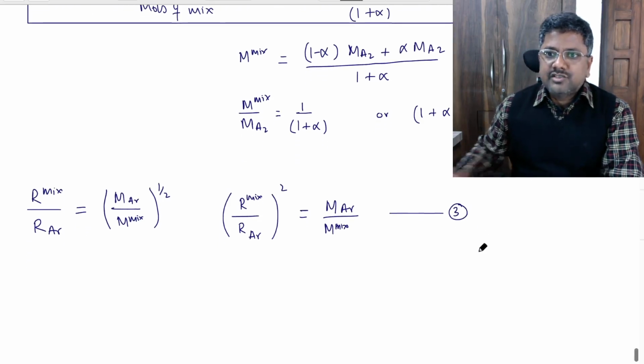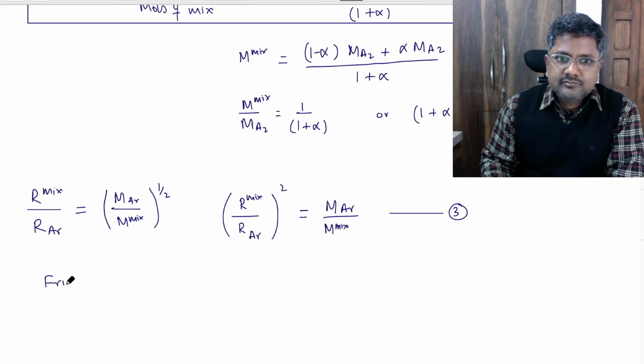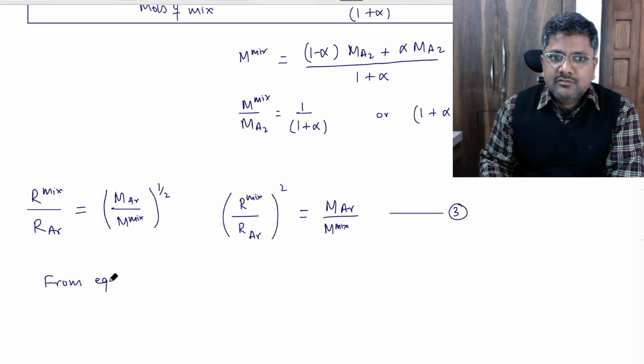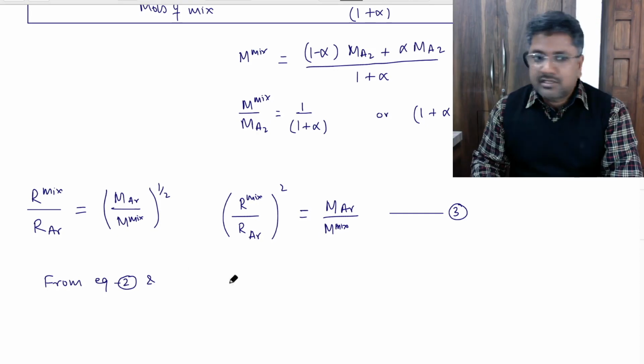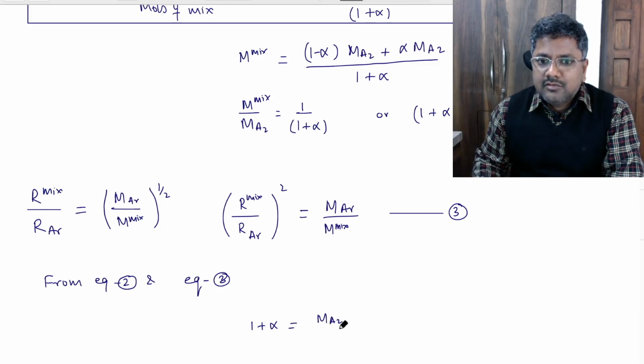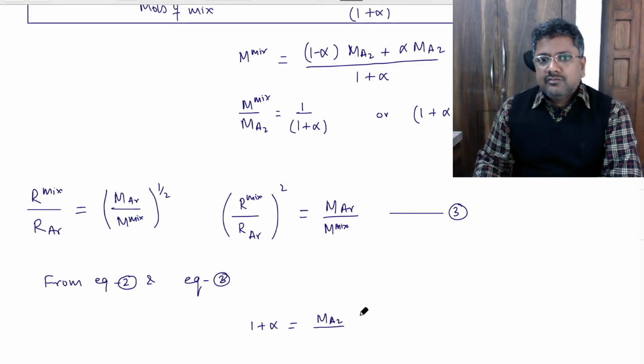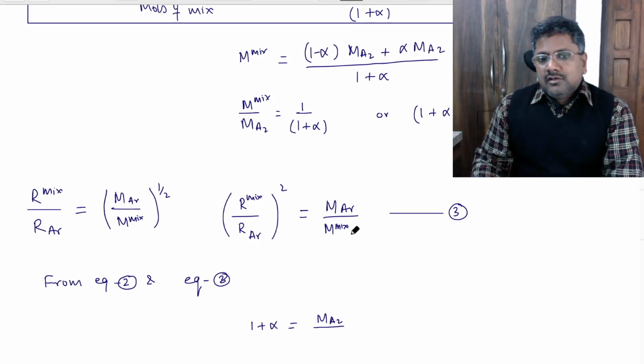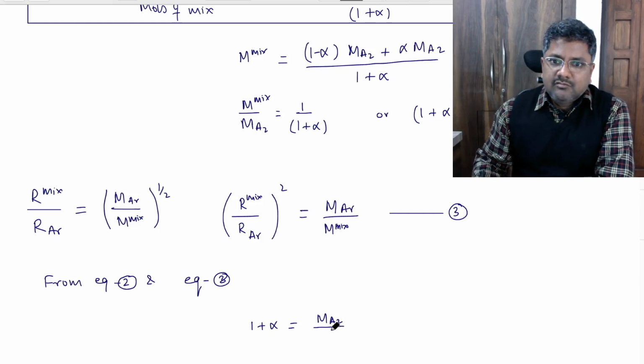Now see, from equation 2 and equation 3, what we can write? 1 plus alpha is equal to molar mass of A2 by molar mass of mixture, and molar mass of mixture is equal to, we can write, molar mass of argon, right?